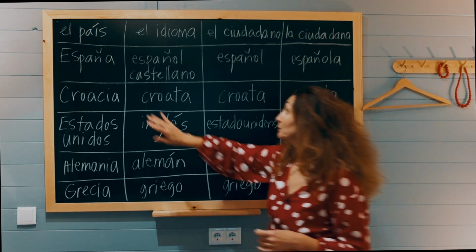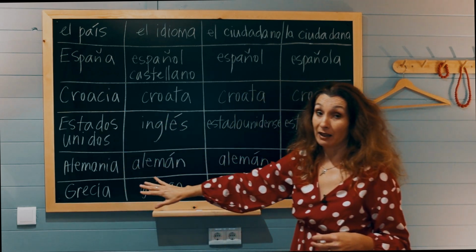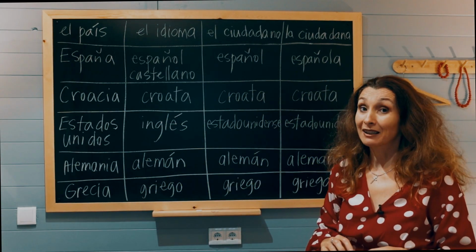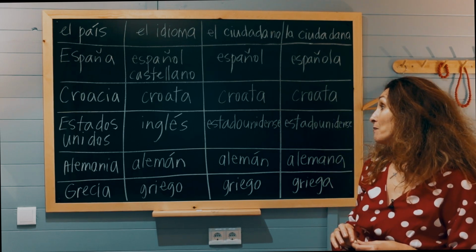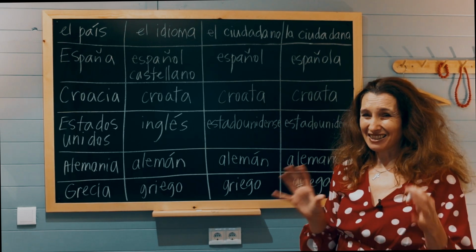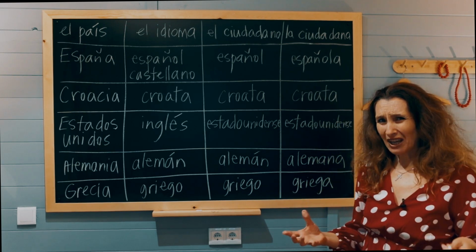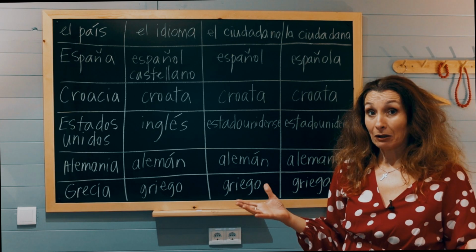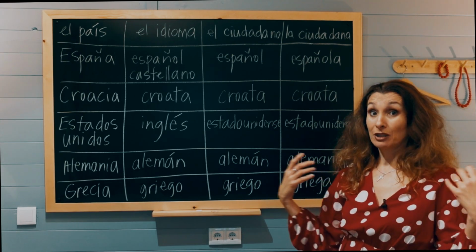Okay? So, countries are what they are. España, Croacia, Estados Unidos, Alemania, Grecia. I wouldn't say that they necessarily have a gender.